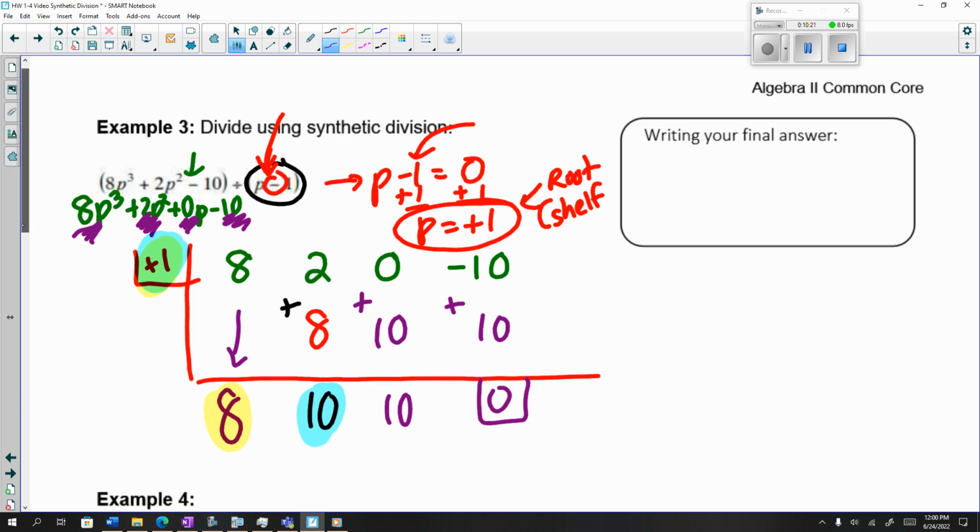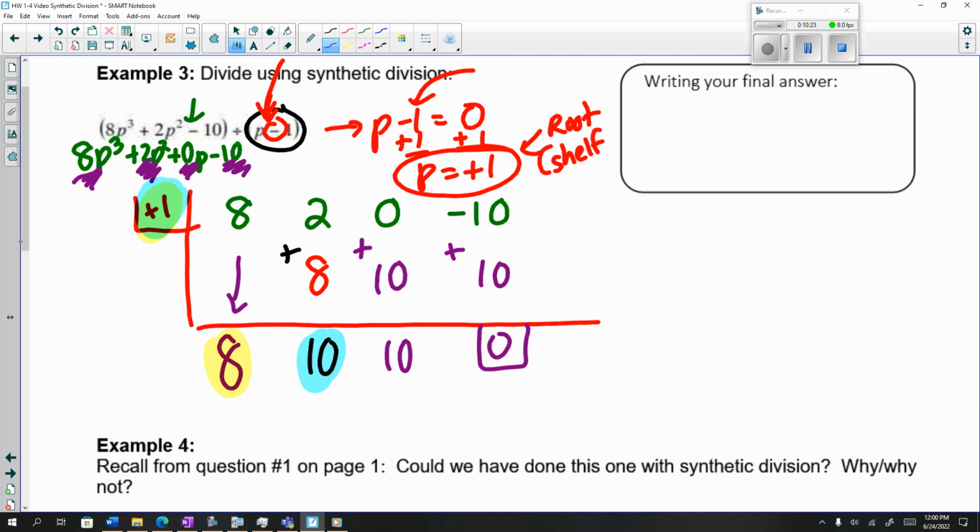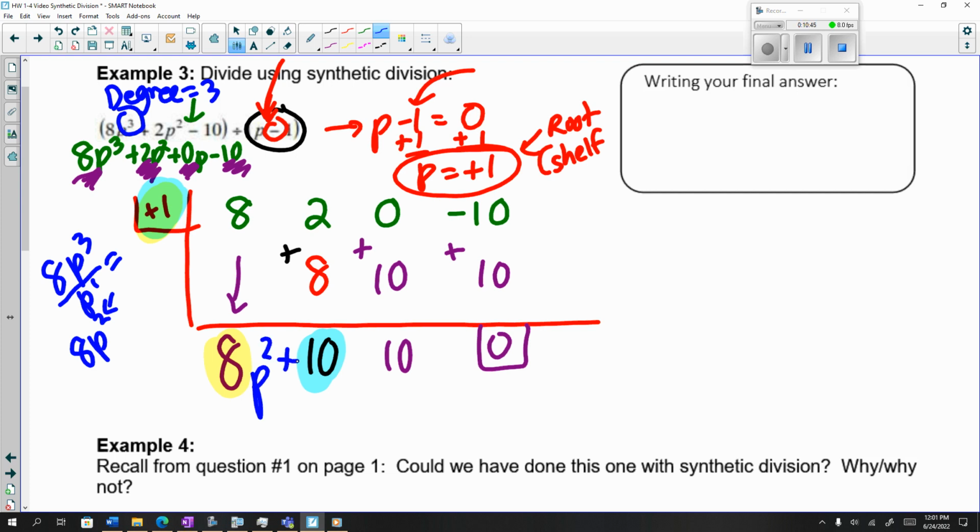So the answer is 1 degree less than the dividend. So notice in the original problem, the degree was a 3, which is called a cubic. So when I divide 8p cubed by p to the 1, my answer is going to be 8p squared, which is called a quadratic, degree 2. So we're going to put in 8p squared plus 10p to the 1 plus 10.